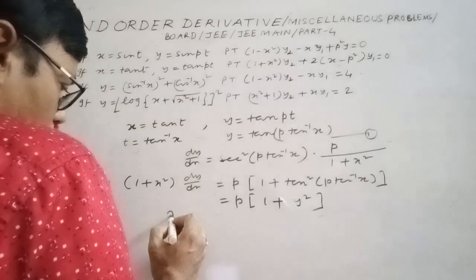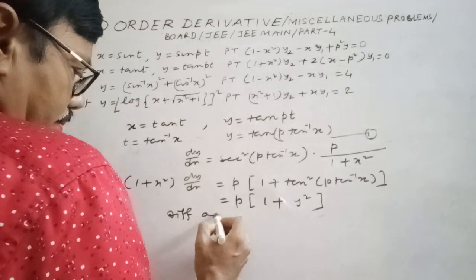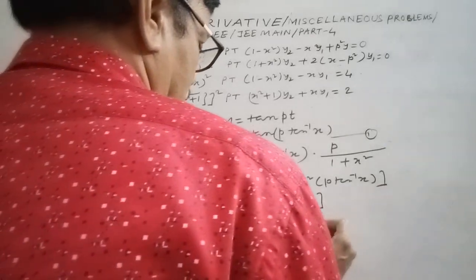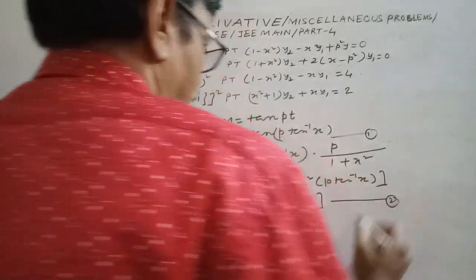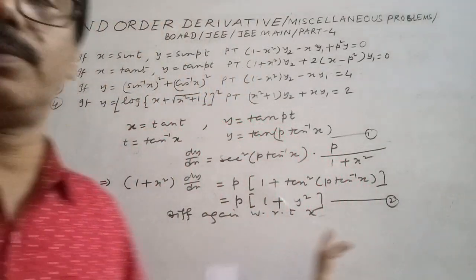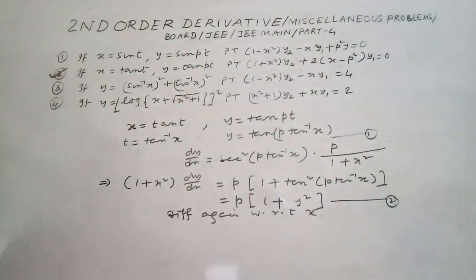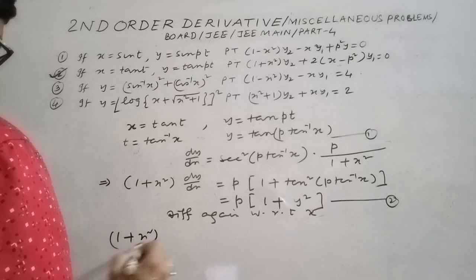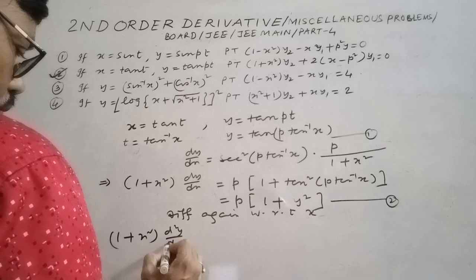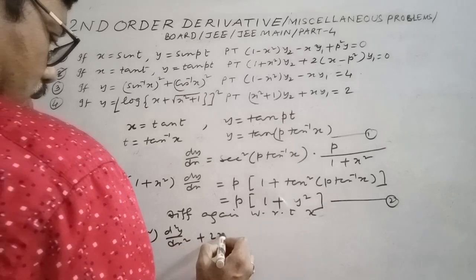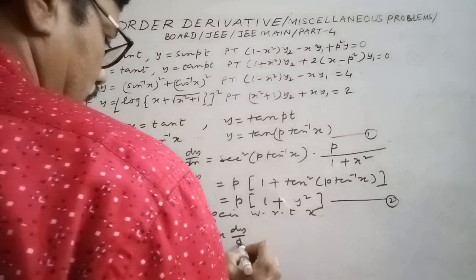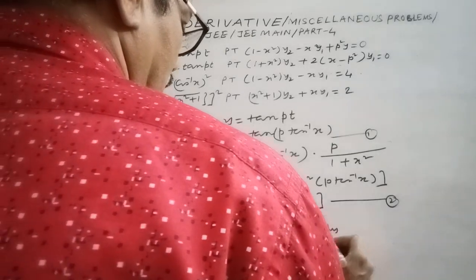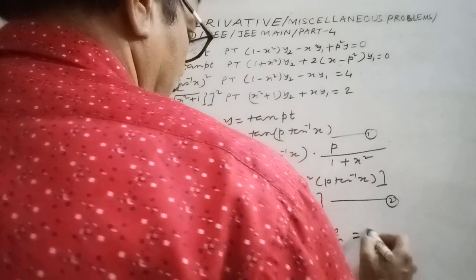So now differentiating again with respect to x. This is the simplified form. 1 plus x square unchanged: (1 plus x square) d2y/dx2 plus 2x dy/dx equals p into 2y dy/dx.